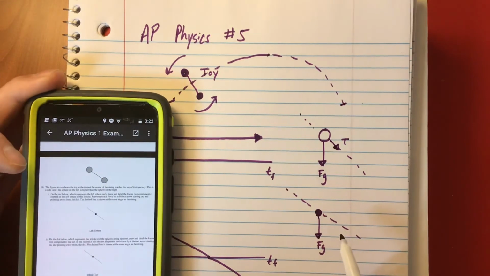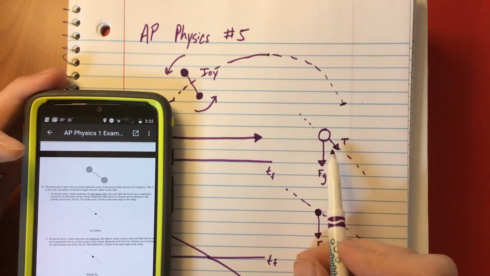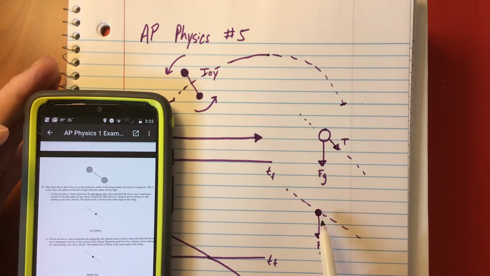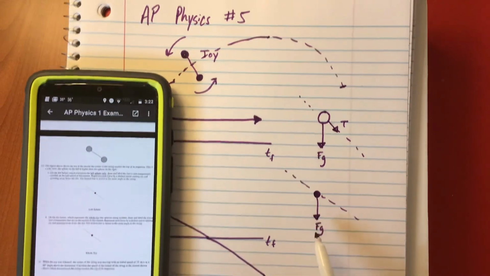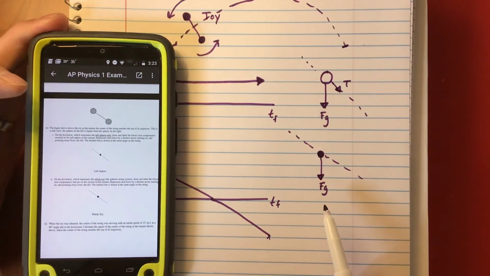I wouldn't draw a tension force here because the tensional force would be acting on each of the spheres on the end of the string. I wouldn't show a tensional force as part of the string itself. So just one force here. And so that was B, I and double I.